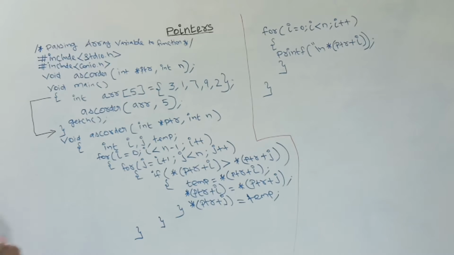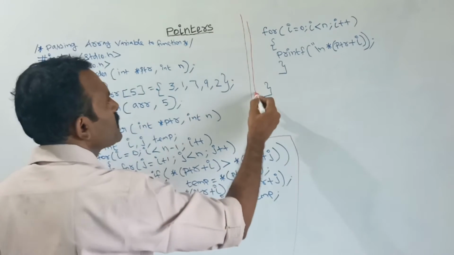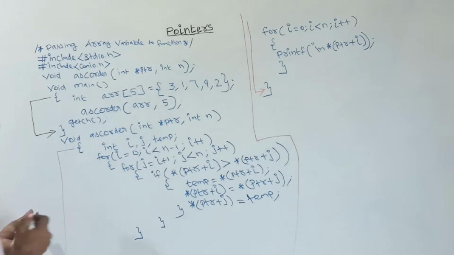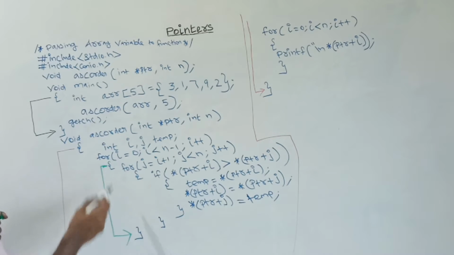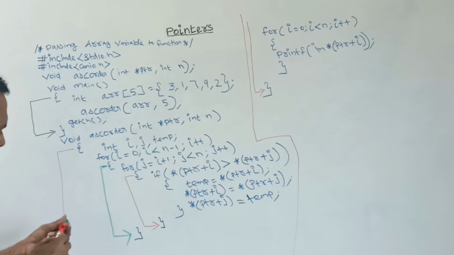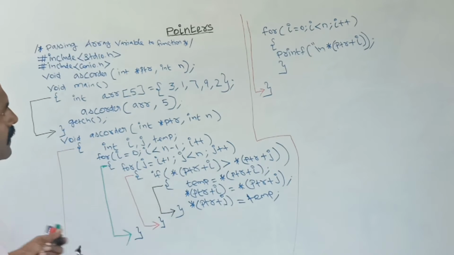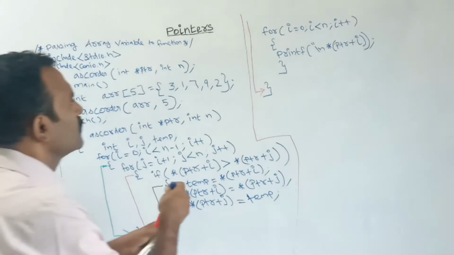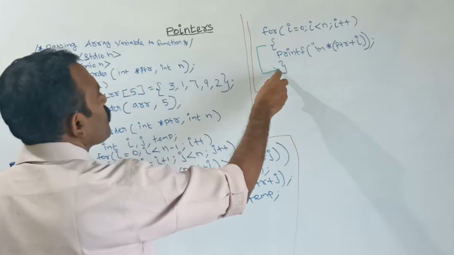This one user defined function, open brace, and I am closing this brace here. Next, this is for loop, outer for loop, open and close brace. Next, inner for loop, this one, open brace, this one close brace. Next, if condition for this open and close brace. Next this one for loop, open brace and close brace.